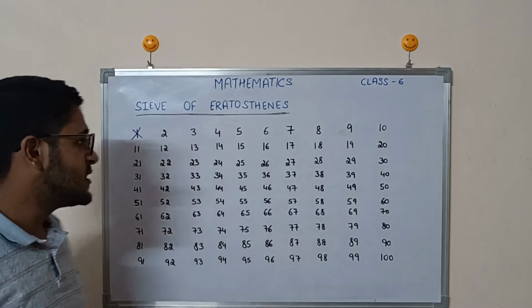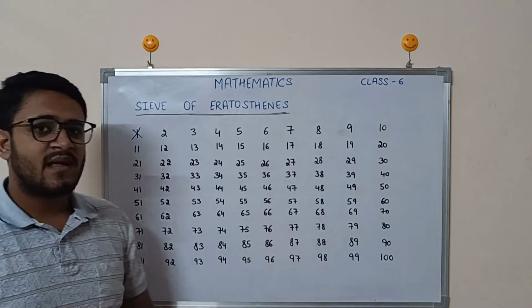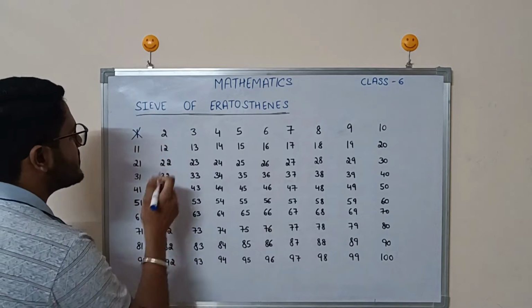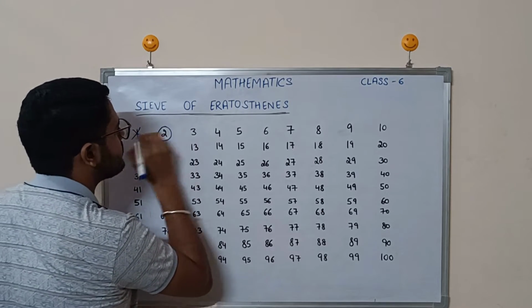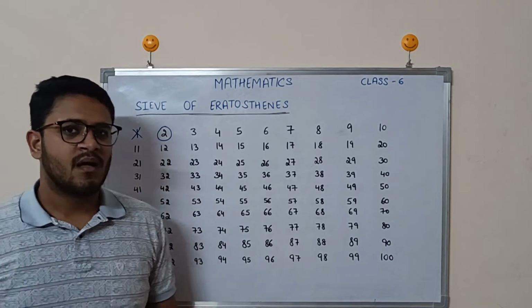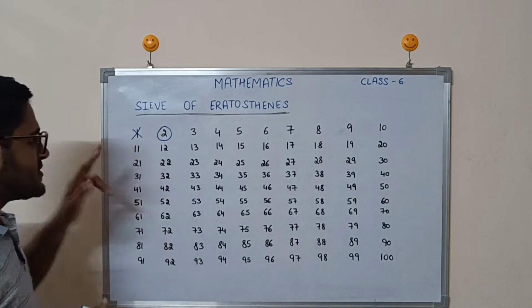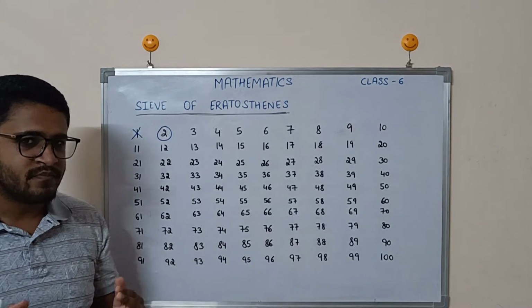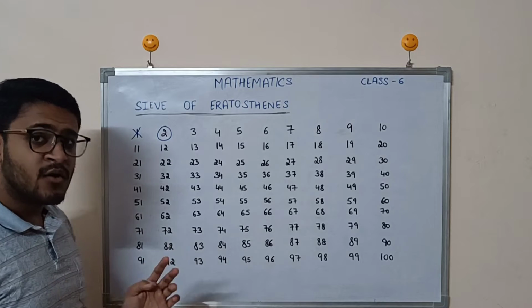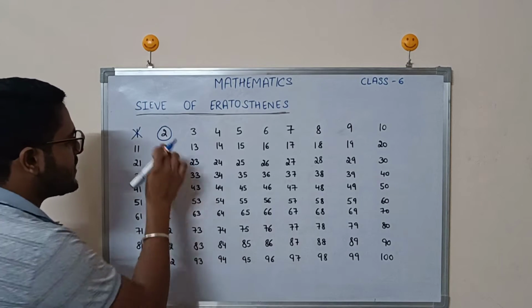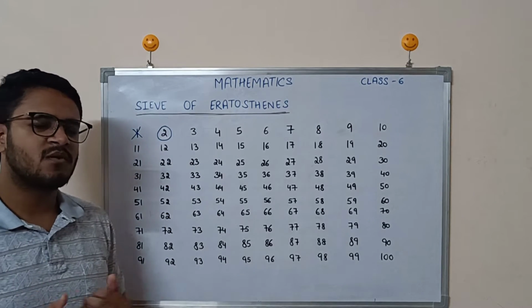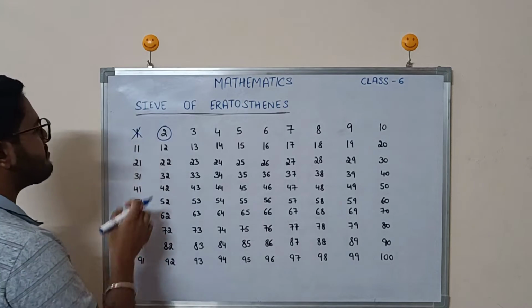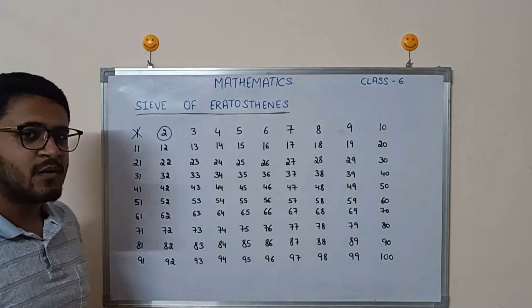Step number 2 is, let's go to the next number, that is 2, and circle it. Then cross out all the multiples of that number. Cross out all the multiples of 2. Okay. So let me repeat.